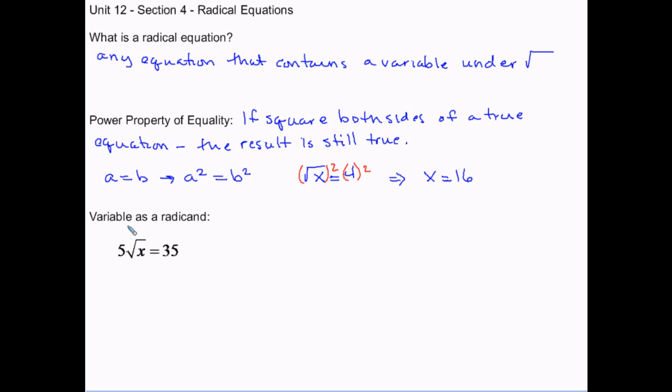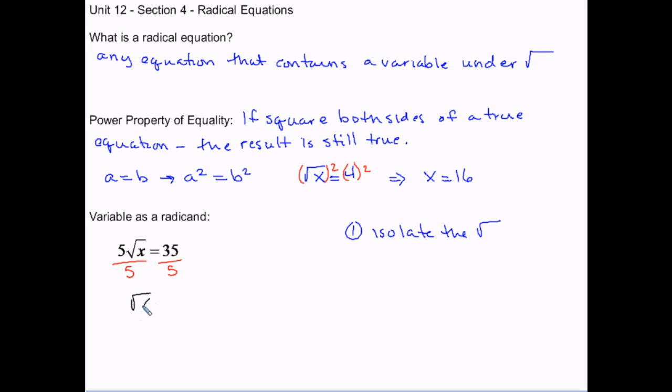So if I have a variable as a radicand, so I'm just a single variable under the radical, I need to solve this. So first I have to isolate the radical. So this is 5 times the square root of x. So I'm going to divide both sides by 5.